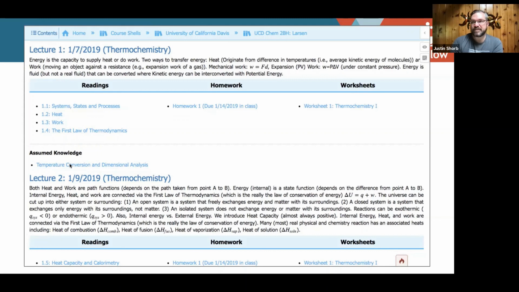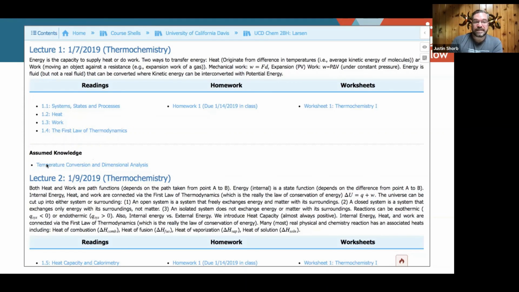And then there are worksheets to work on and the readings, and there's some assumed knowledge. This is an important thing that LibreText really allows you to do better than most textbooks. A textbook that's on Calc 2 is on Calc 2, and they might say you should know this from Calc 1, but there's no Calc 1 material in that book. Whereas LibreText is a library.